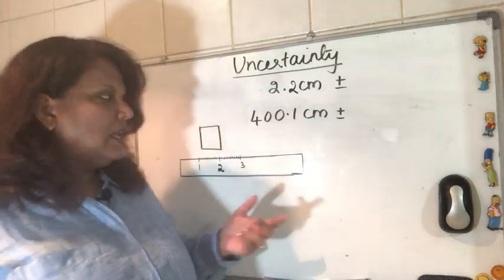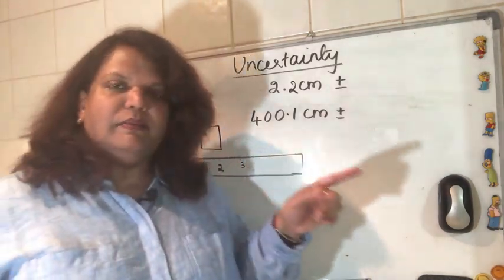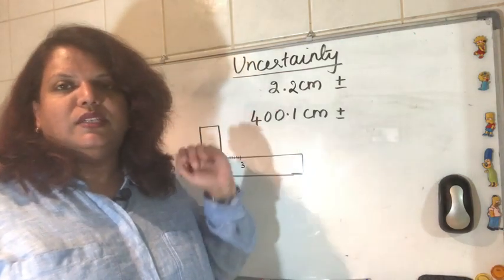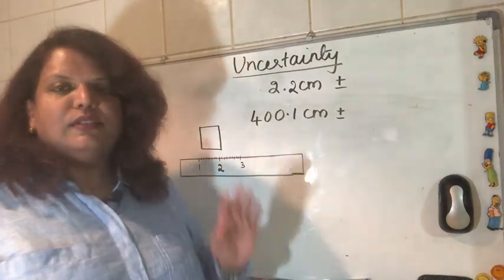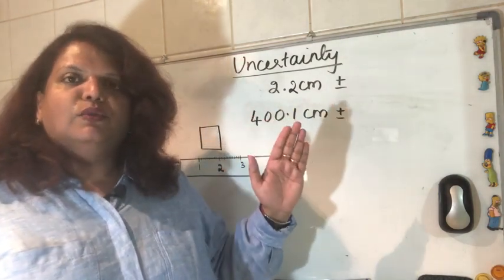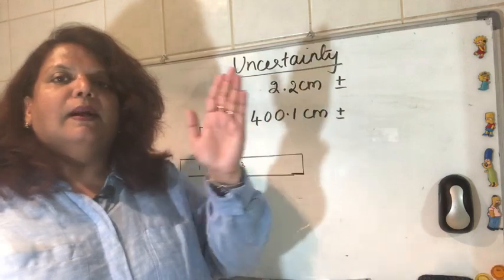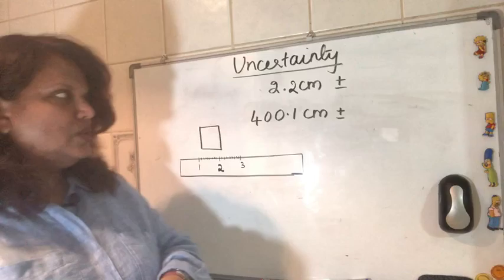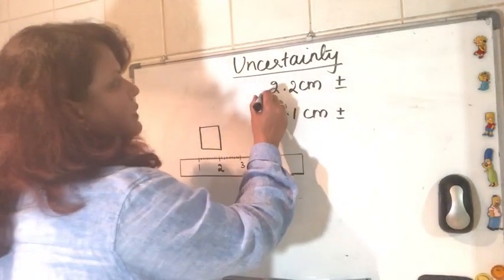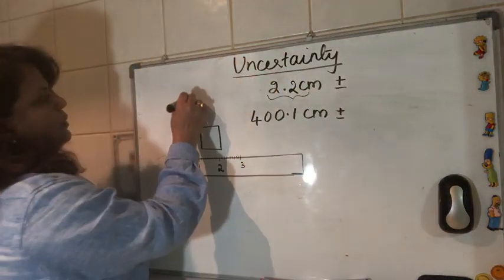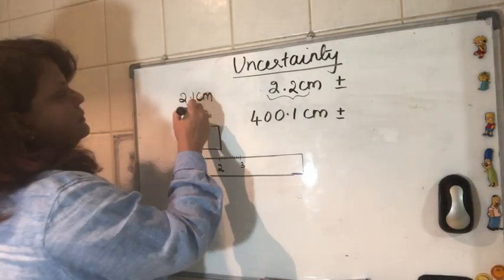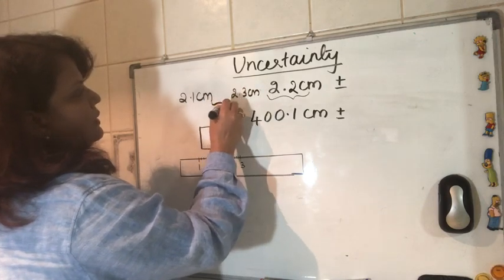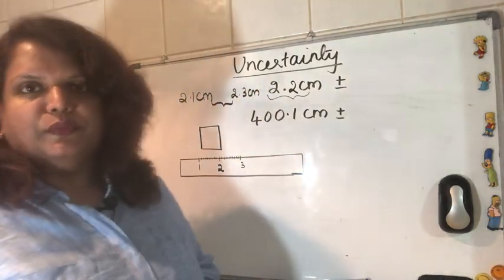Another student might have seen that it is very close to 2.3, but it has not yet touched 2.3. She would have also written it as 2.2. Correct? So the range could be from just above 2.1 to below 2.3, isn't it? So this could lie between 2.1 centimeters and 2.3 centimeters. Somewhere in this range could be this 2.2.